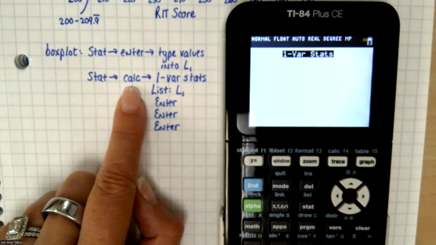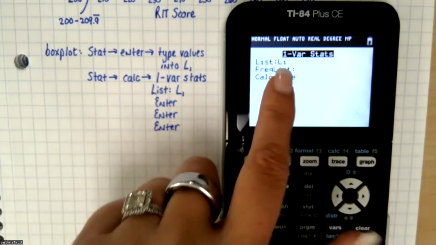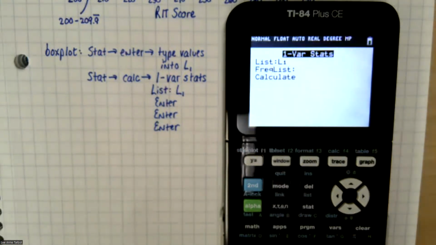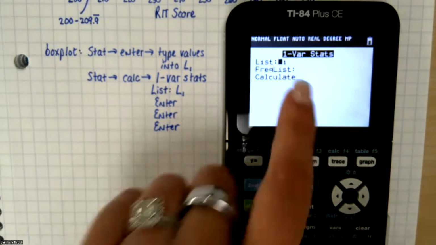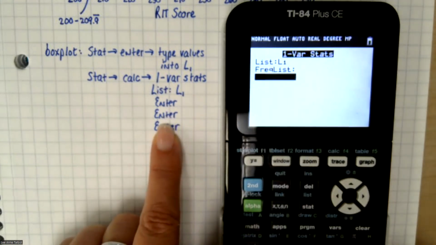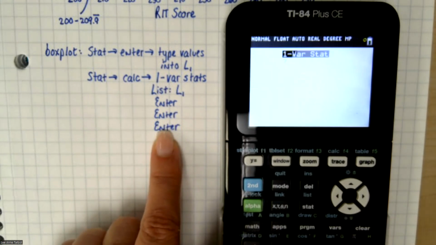So hit enter. And you want to make sure that your list says L1. Does anyone in the whole class list say anything other than L1? You sure? Okay. If it says L1, we're good. Then hit enter, enter, enter.